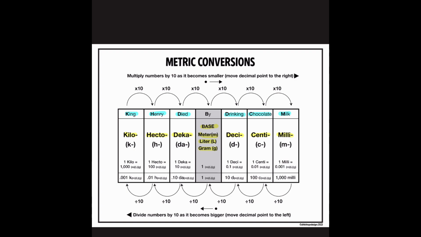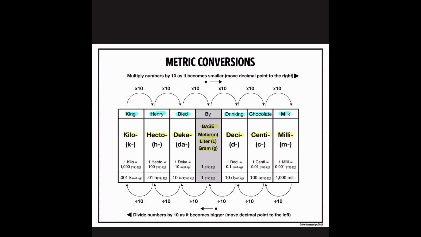And so what you've probably heard of is like kilometers, centimeters, millimeters, milligrams, kilograms. We don't really use hecto, deca, and deci, but centi and milli and kilo are really the primary ones that we use.